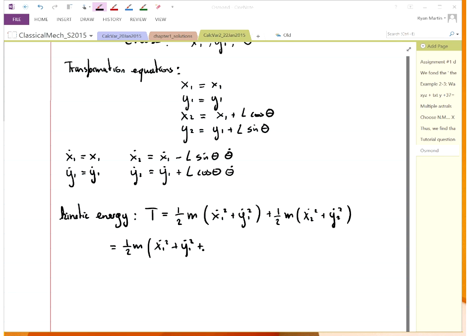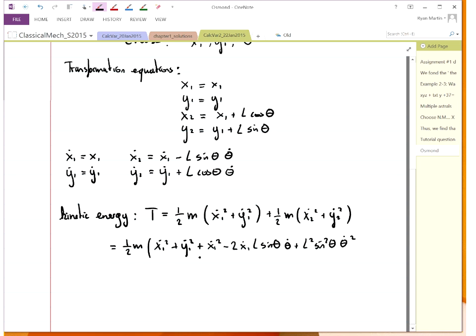Then from the first particle we have x1 dot squared plus y1 dot squared plus, now x2 dot squared, I'm going to use what I have up here. So x2 dot squared is x1 dot minus L sine theta theta dot, all squared. If I square all of that, I get x1 dot squared minus 2 x1 dot L sine theta theta dot, and then plus L squared sine squared theta theta dot squared.